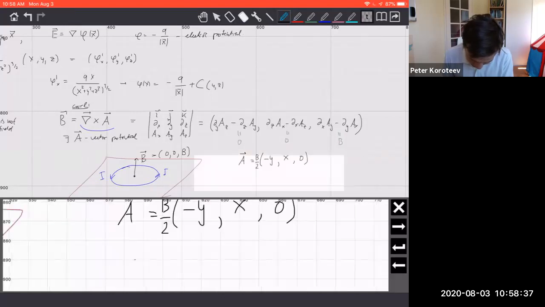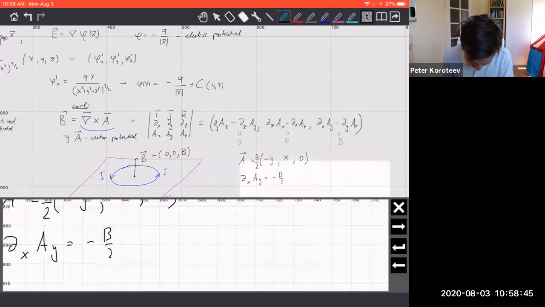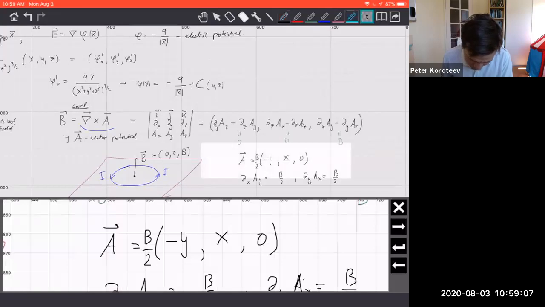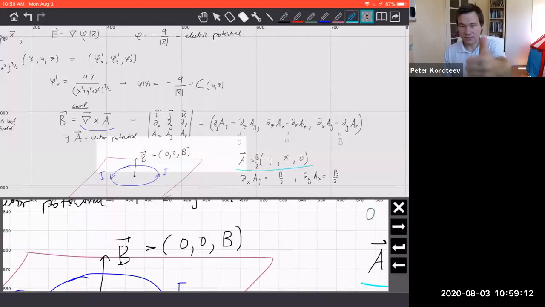Then dx ay is equal to b half, and dy ax is equal to minus b half, so the difference gives b, and all the others are equal to 0. So with this choice of vector potential, you get a vector field that is vertical.